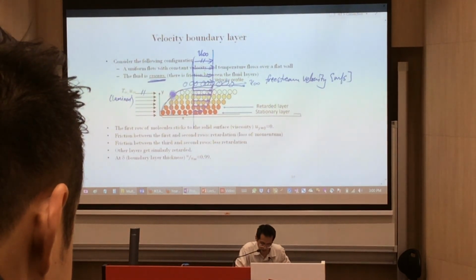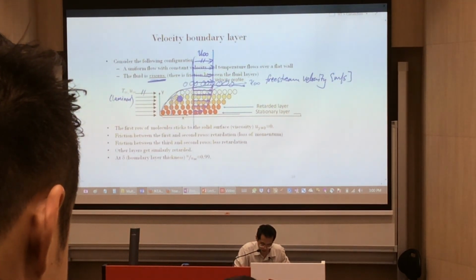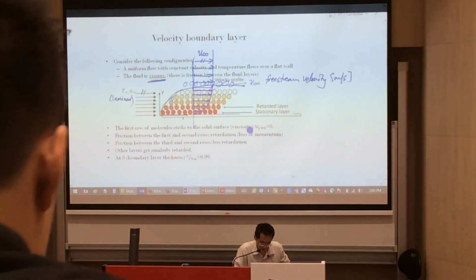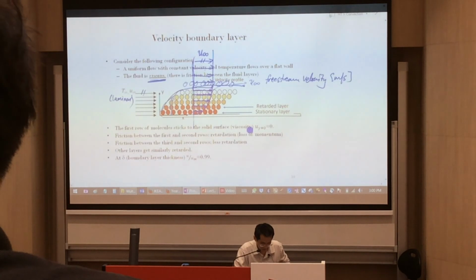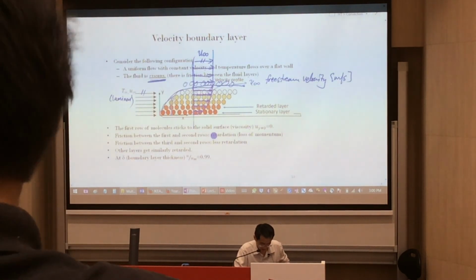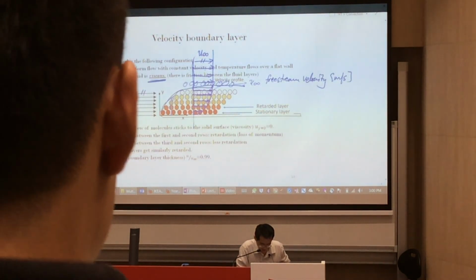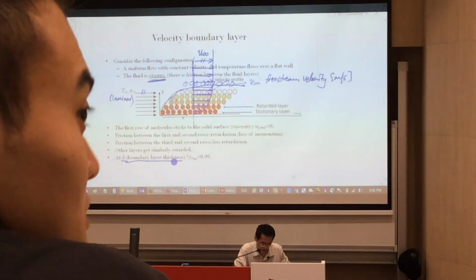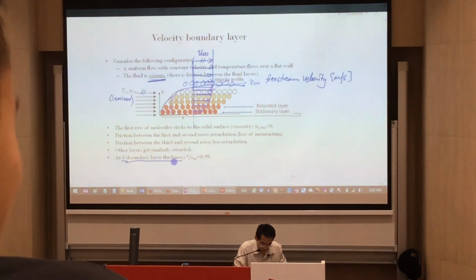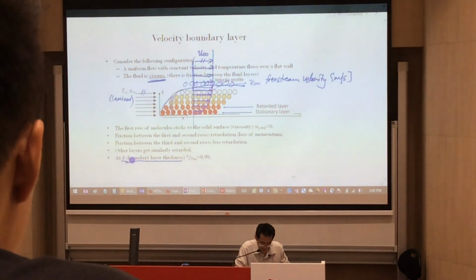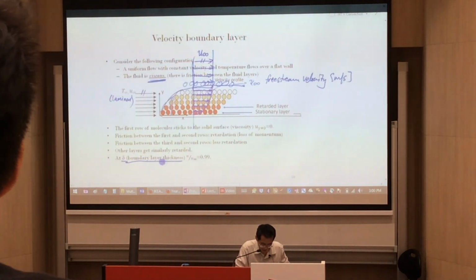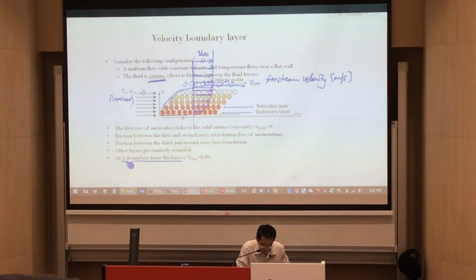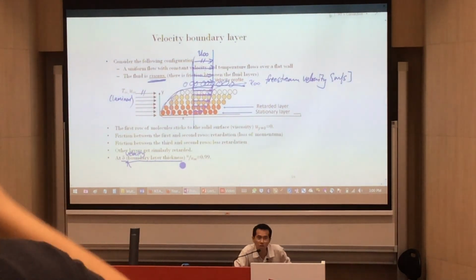So now let's have a look at this sigma here. Now sigma is actually called your velocity boundary layer. So let's see over here it is. Velocity boundary layer. It's written only boundary layer thickness. So it's actually your velocity boundary layer thickness.